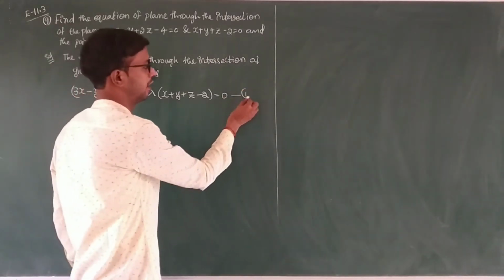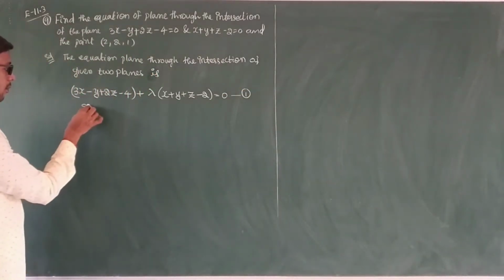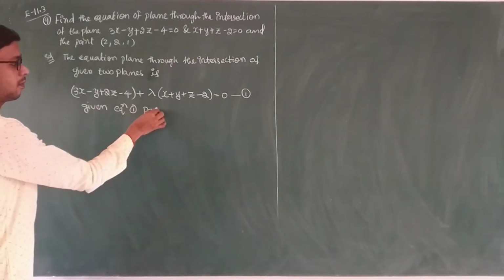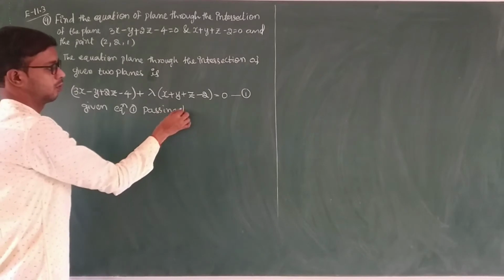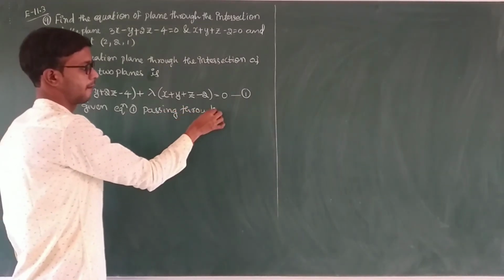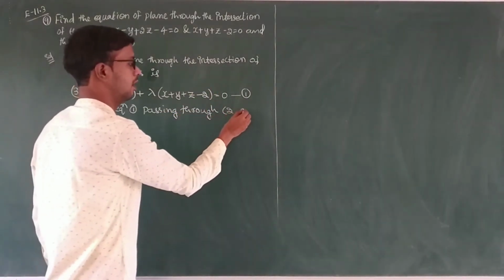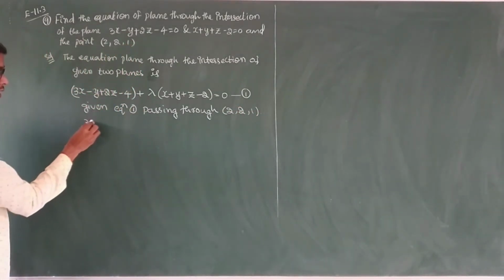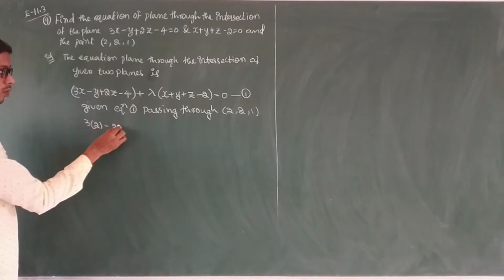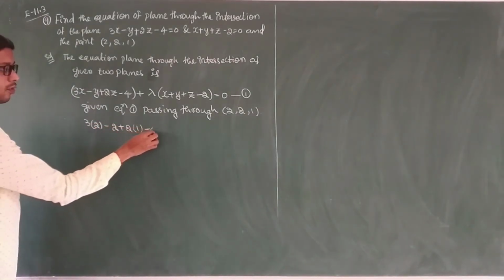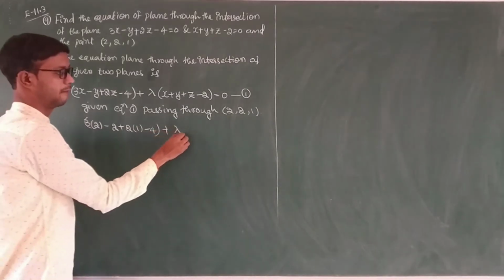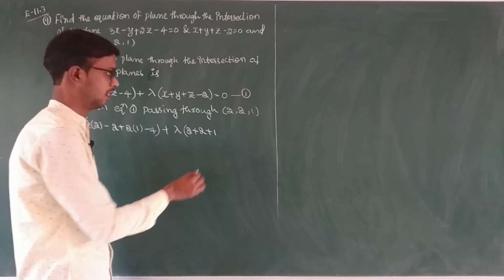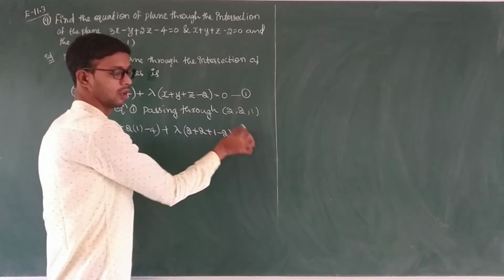Now this equation passes through the given point. I am taking this as equation 1, passing through the point (2, 2, 1). So we substitute: 3 into 2 minus 2 plus 2 into 1 minus 4 plus lambda into 2 plus 2 plus 1 minus 2 is equal to 0.